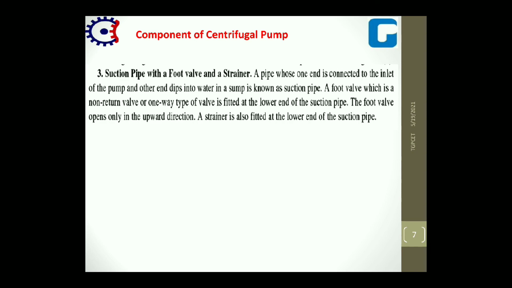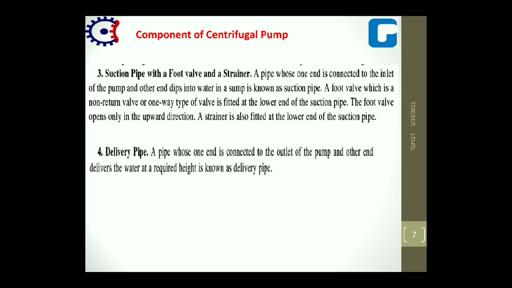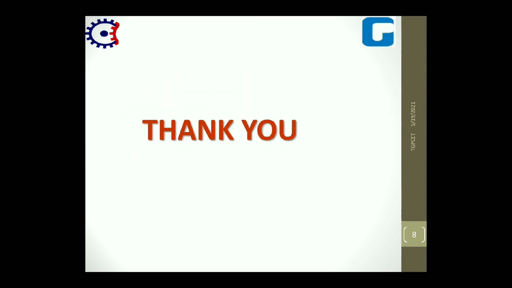The strainer is also fitted at the lower end of the suction pipe. And fourth is our delivery pipe, whose one end is connected to the outlet of the pump and other end delivers the water at a required height. That means the purpose of our centrifugal pump is supplying the water from low level or low head to higher level or higher head. Okay, thank you.